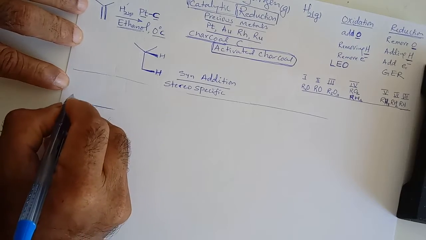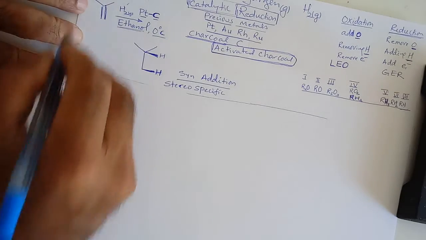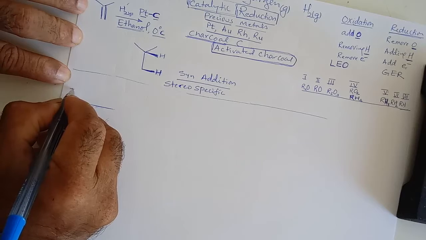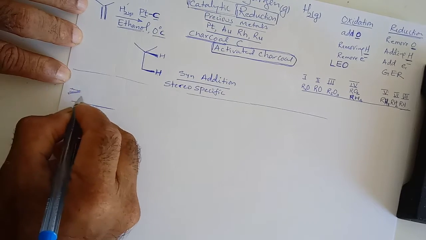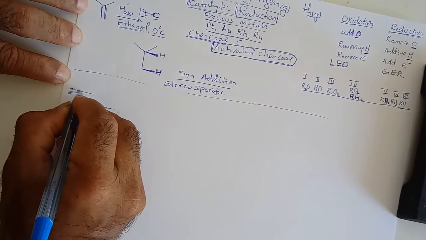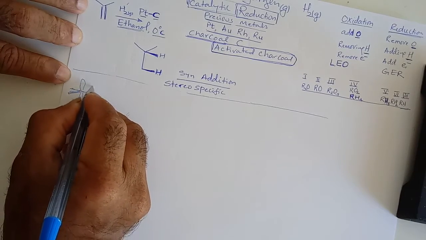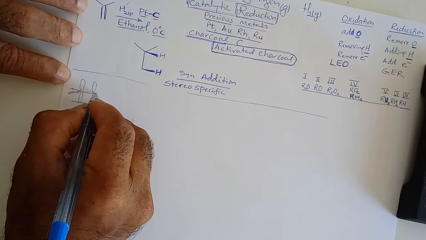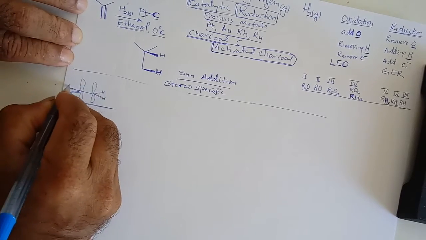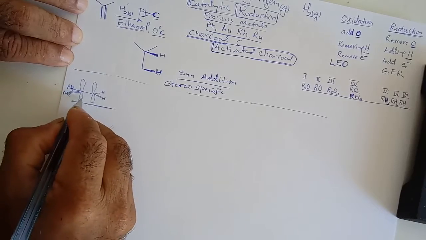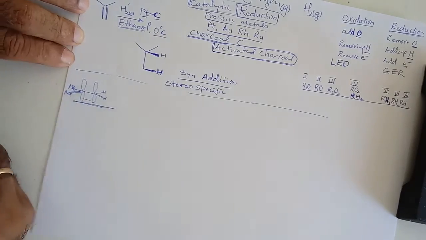So essentially what this alkene does is it kind of rests, like on a park bench. It rests its electrons on this.